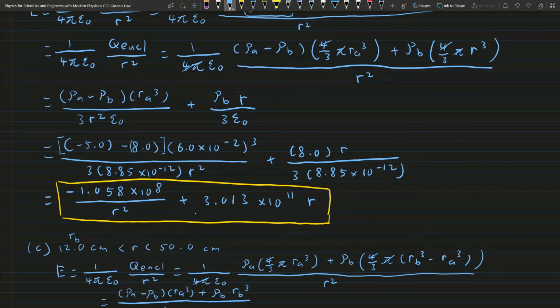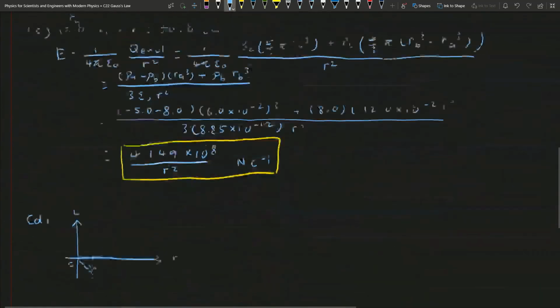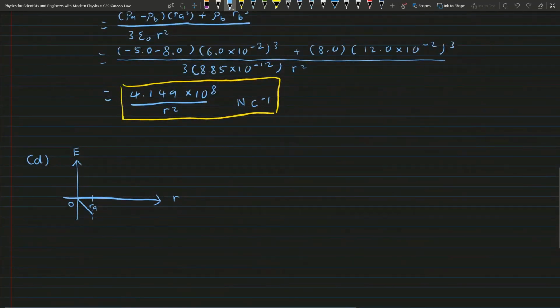So you can see here this term, the second term here actually dominates the whole term, and this will cause some small decrease, and due to this increase of this r, the first term here will decrease very fast, so you will expect the graph here should look something like this.